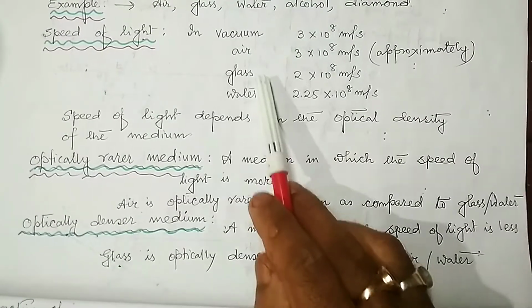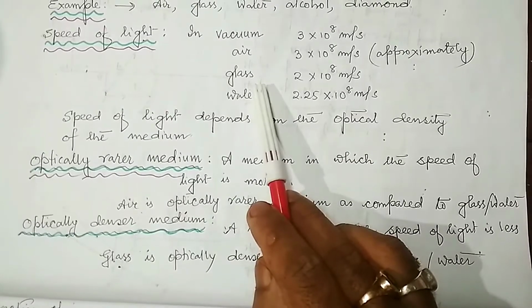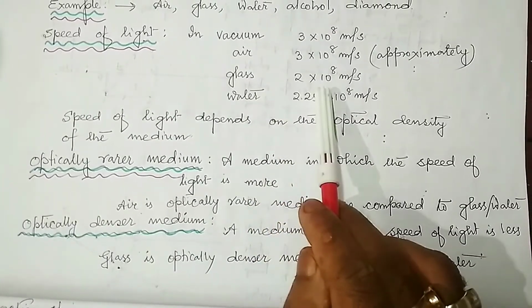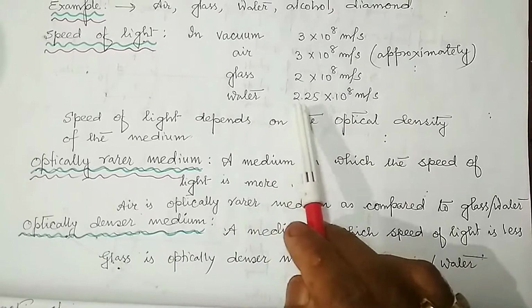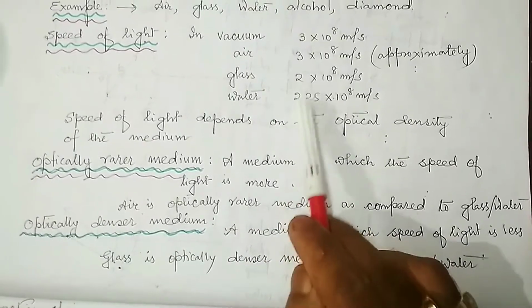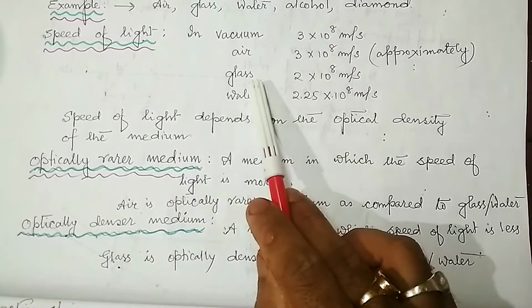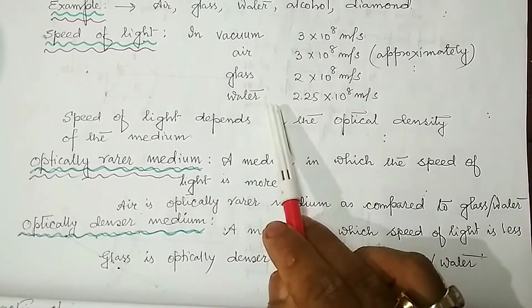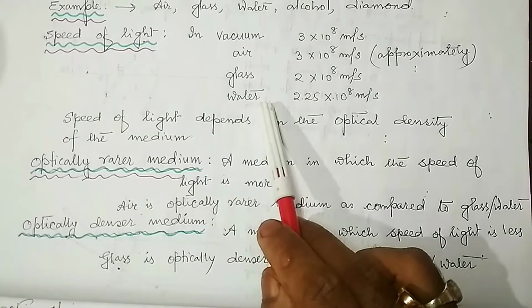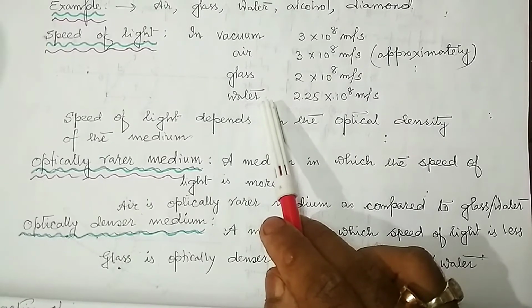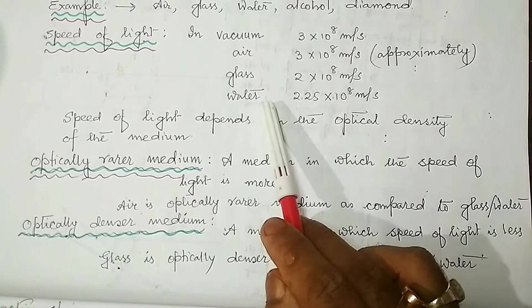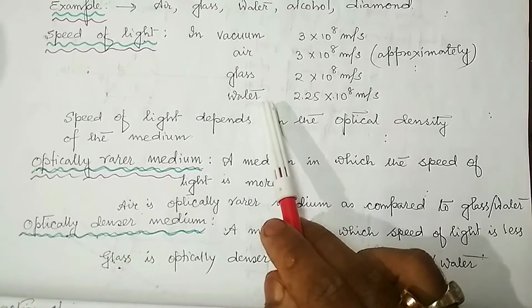Now if I compare glass and water, in glass, the speed of light is 2 into 10 to the power 8, and in water, it is 2.25. So out of these two, in glass the speed of light is less, so glass is optically denser as compared to water. So in case of optical density, we always have to compare the speed of light in two media, and then only can we say whether it is an optically rarer or optically denser medium.